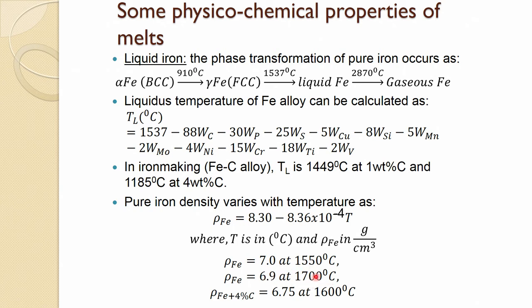So, as the temperature goes up, it starts decreasing. In the blast furnace, if we consider 4% carbon in iron, then the density of iron is about 6.75 at 1600 degrees Celsius. Roughly, one can calculate the density of iron using this empirical correlation.